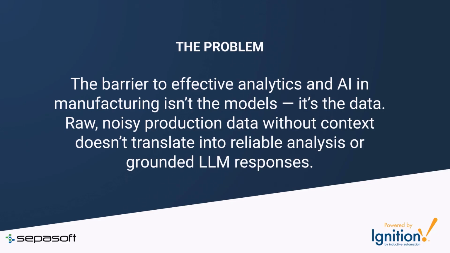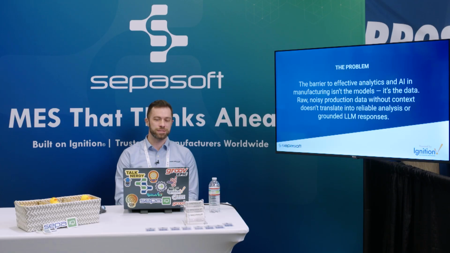The data is raw, it's noisy, and it's all production data. It's real world, it's sensors that jitter. And a lot of the time, that data doesn't come with context. You can't just plug an LLM on top of your raw data because it's not reliable. And sometimes you have to build out that appropriate context in order to get appropriate responses from your language model.